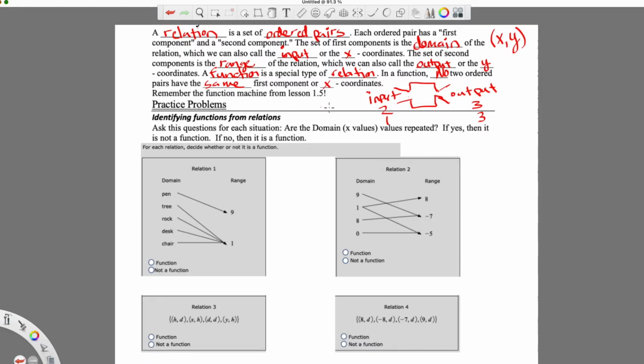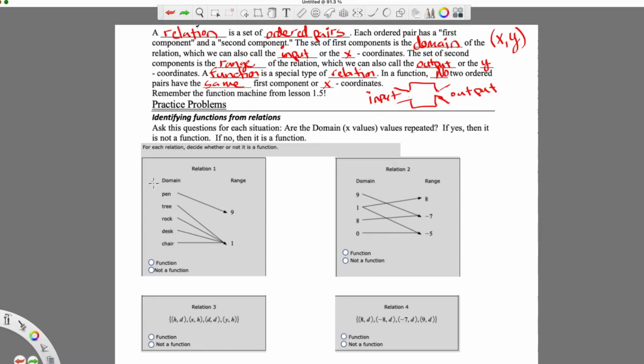So putting different ingredients in doesn't necessarily mean I'm going to get something completely different back out. So I know that cake is kind of a silly reference to it, but it's just something like that. So the main thing is, if I input a number, I should get the same number back out each time for that input. So we don't want to see this input being repeated. Okay, that's our big thing.